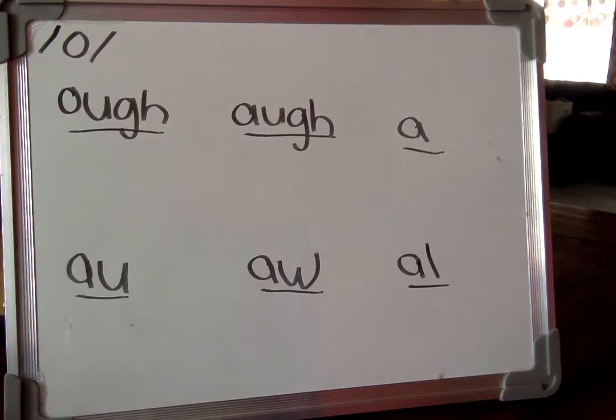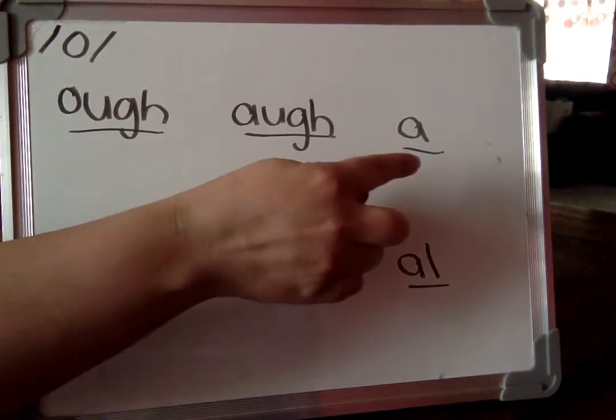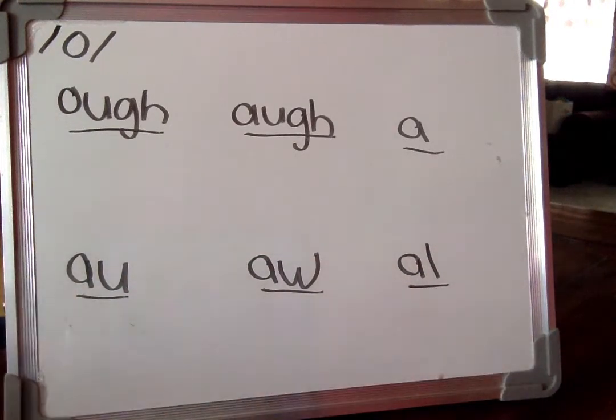So I have a list here, and I'm going to first say the word. I want you to think about where that would go. If you know how to spell that word, I want you to make a prediction or think to yourself where that word should go. If it's an O-U-G-H, A-U-G-H, A-U, A-W, or A-L.